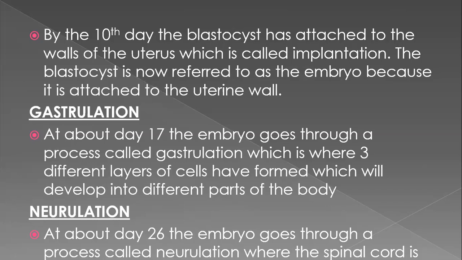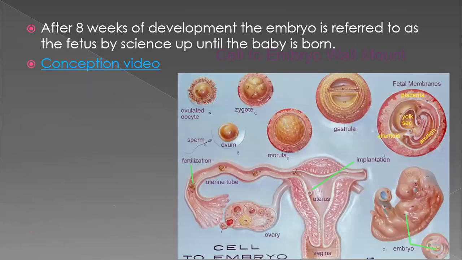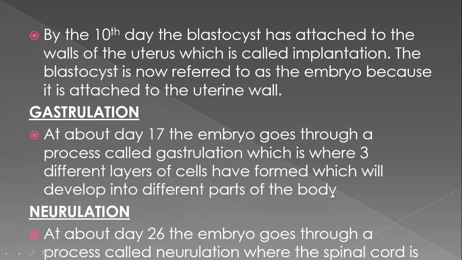At about day 17, the embryo goes through a process called gastrulation, which is where 3 different layers of cells have formed, which will develop into different parts of the body. Next stage, neurulation. At about day 26, the embryo goes through a process called neurulation, where the spinal cord is formed.